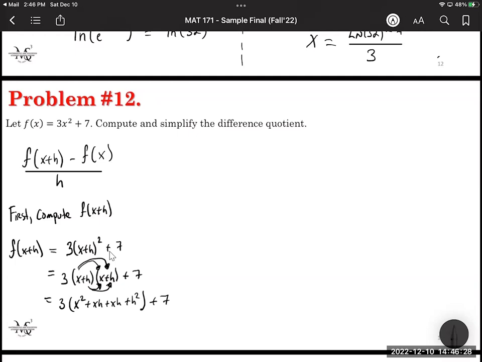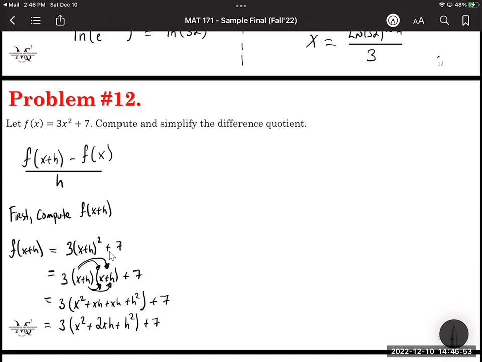Now, if I look inside the parentheses, can I combine any like terms? Yes, the xh terms. How many xh's do we have, Mariam? 2. So we get 3 times x squared plus 2xh plus h squared, plus 7.